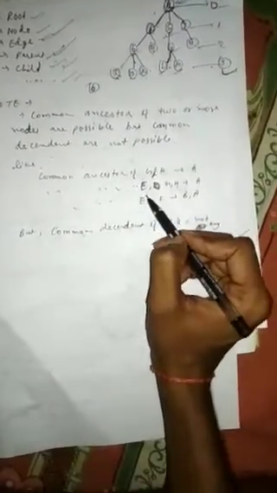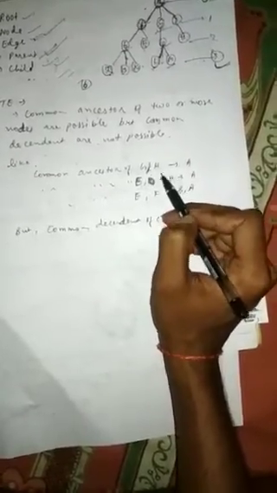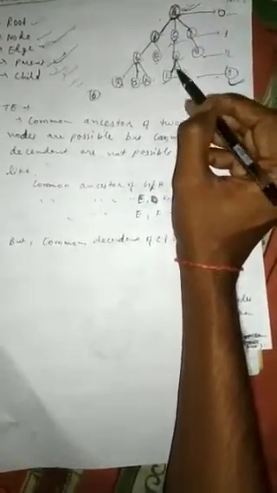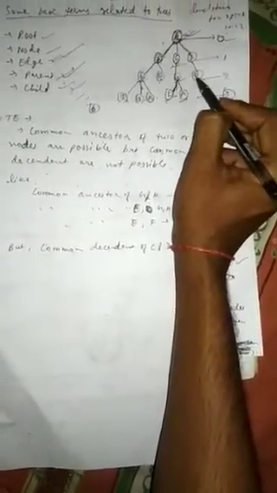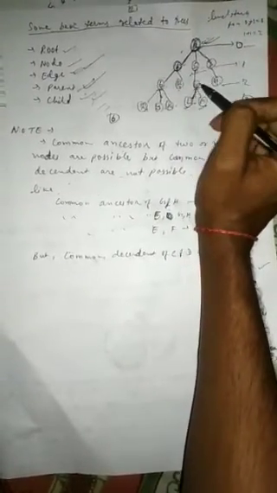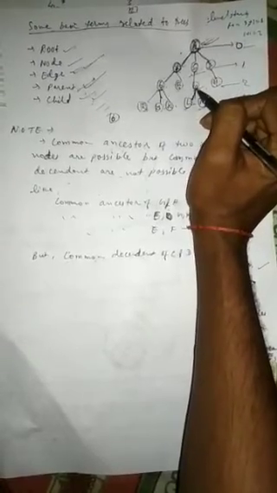When we take G and H, what is the common ancestor? C is not a common ancestor, D is not a common ancestor. A is the common ancestor, because the ancestors of G are C and A, and the ancestors of H are A and D. So A is the common ancestor of G and H.